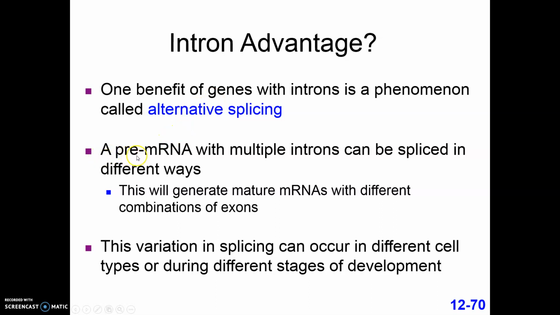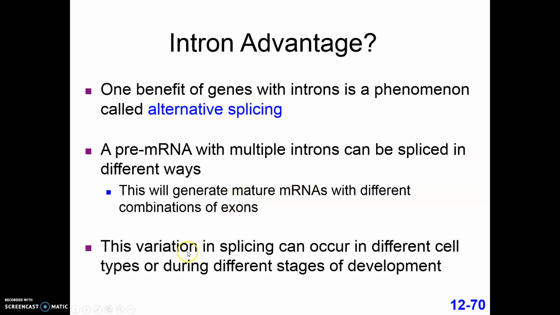So a single pre-messenger RNA that has multiple introns might be spliced in several different ways. This will correspond to mature messenger RNAs that have different combinations of exons.